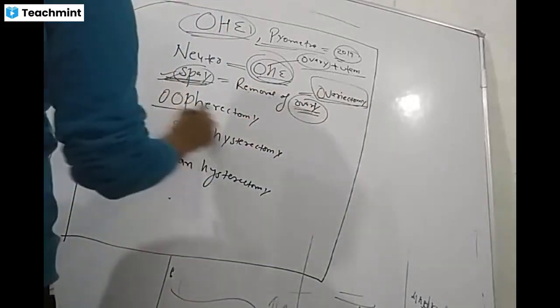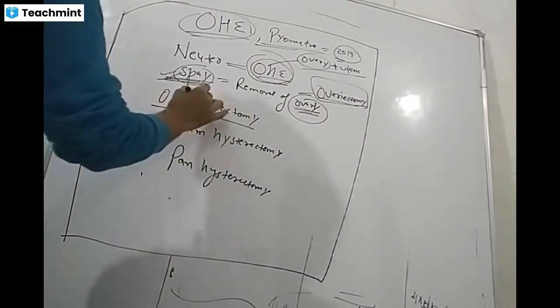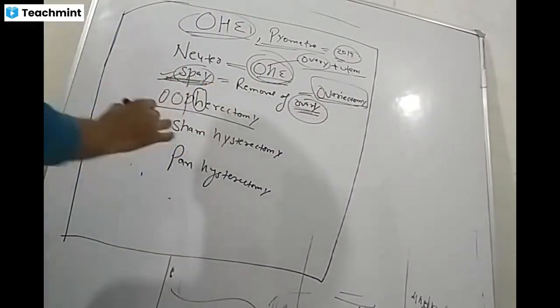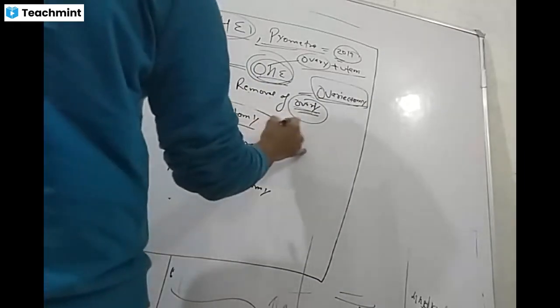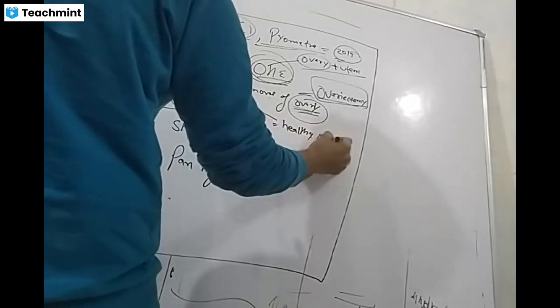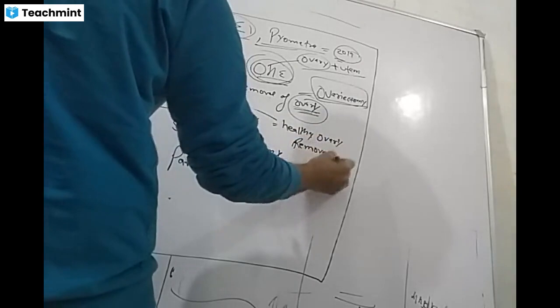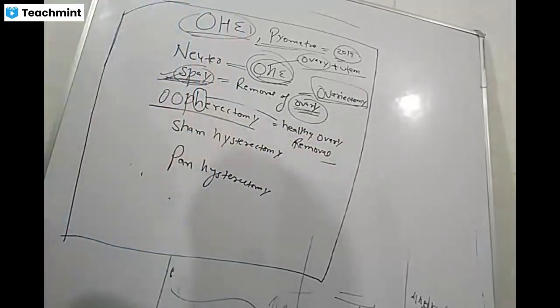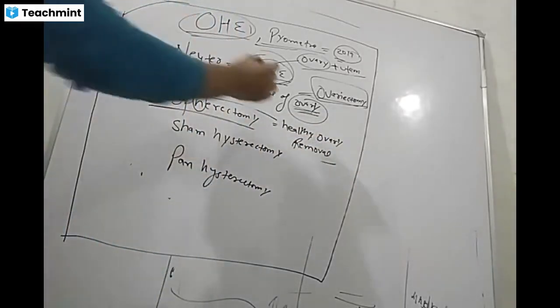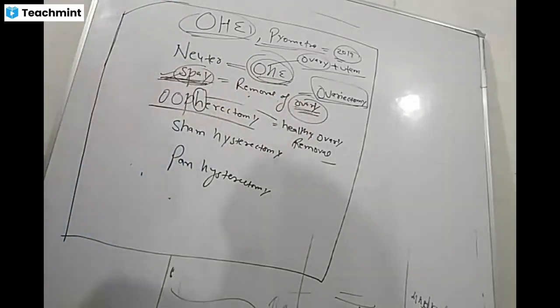Then there is one more term, oophorectomy. This terminology has one letter H. This H means removal of healthy ovary. So healthy ovary removal is called oophorectomy. And simply the removal of ovary is the terminology spay.